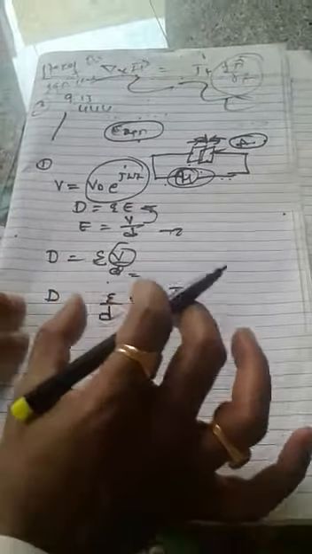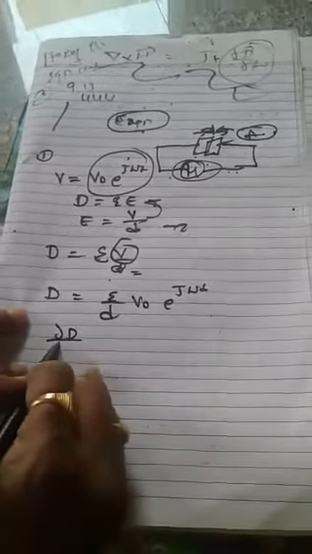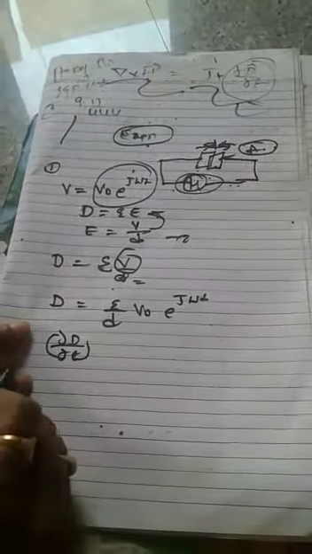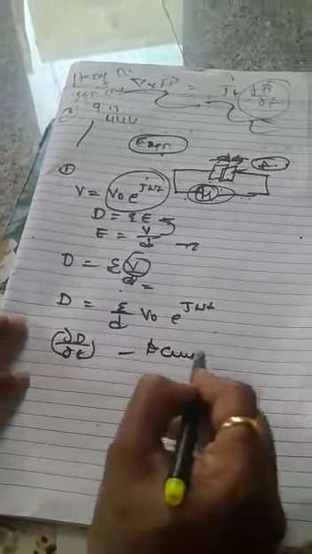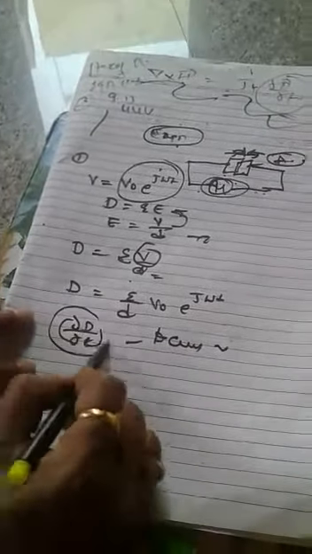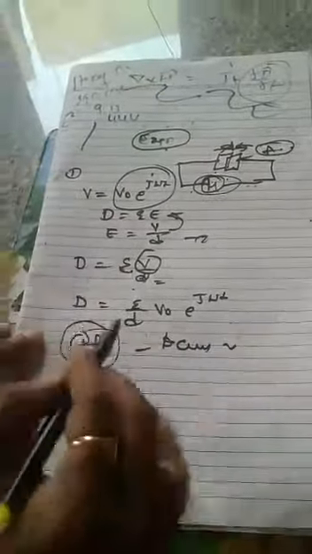Now the displacement current density can be denoted by dou D by dou t, the rate of change of the flux density D. Now the displacement current is id.